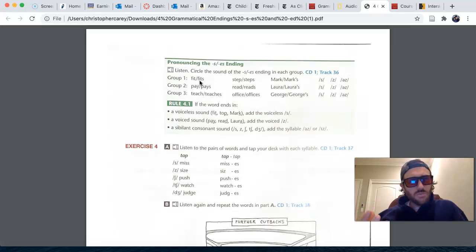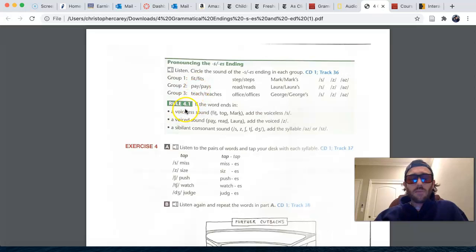And remember what aspiration means? Aspiration is when we have a breath of air, a push of air out of the mouth to create this silent, voiceless sound that we can hear the air, but we can't hear or feel the vibration of the vocal cords.